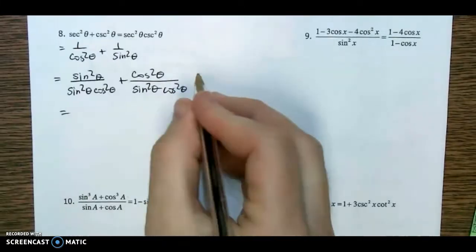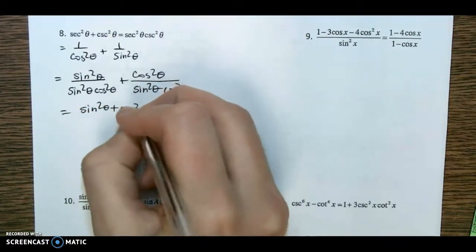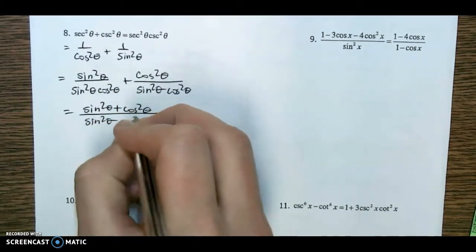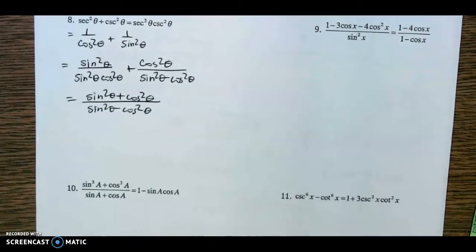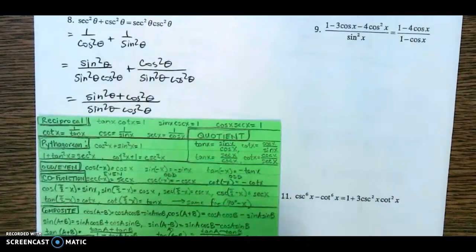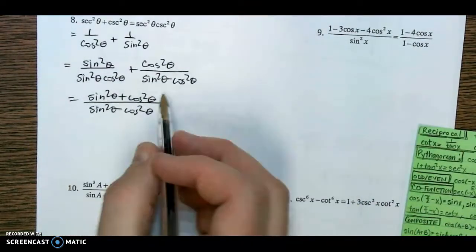So you've got sine squared plus cosine squared on top. And we've got that common denominator, sine squared, cosine squared on the bottom. And then on top, what you'll see is a Pythagorean property. So if you look at your Pythagoreans, you're going to see cosine squared and sine squared make 1 when you add them together.